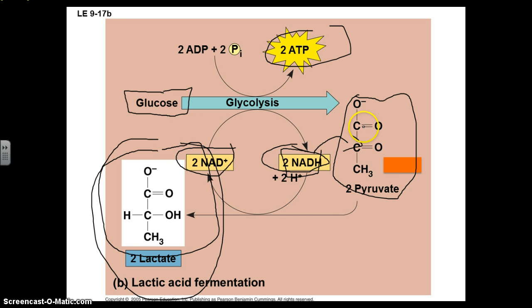You can sort of see the difference between the molecules here. This has an extra H right here, and that extra H came from NAD+, which was oxidized and gave the electrons and hydrogen to pyruvate to regenerate the NAD+, so that we can continuously do glycolysis.